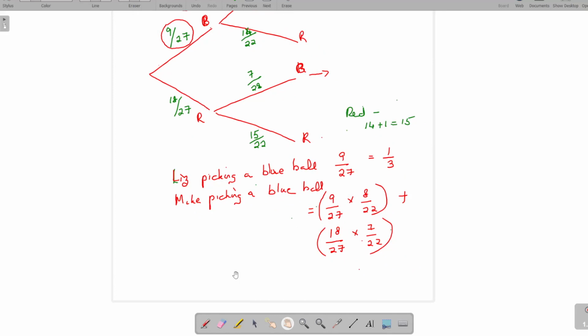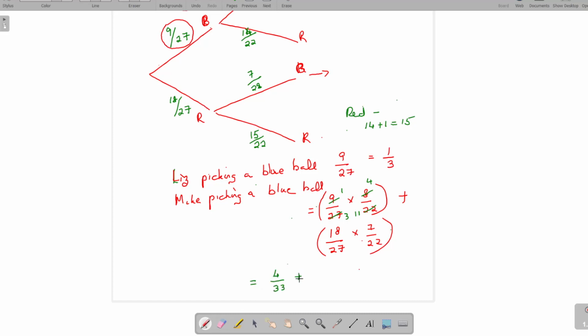You can cancel it. Let's cancel. 9 will go in here 3 times, 2 will go in here 4 times. That is 11 times. So that will be 4/33.